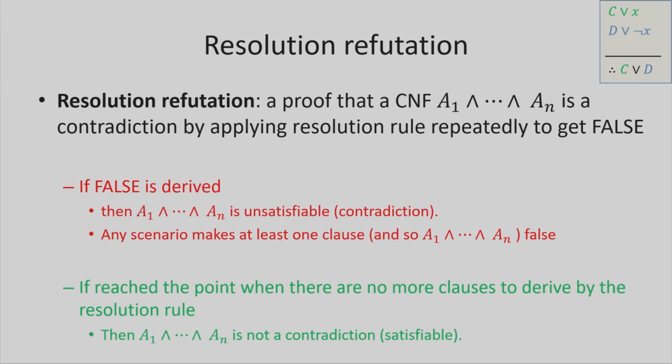But maybe it wasn't false. Maybe there was some scenario that made it true. What would happen if you keep applying the resolution rule? Well, in this case, you just run out of possible places to apply your rule. And if you run out of possible ways to apply the resolution rule and you still didn't get false, then you can actually reconstruct the scenario which makes your formula true out of whatever you managed to derive.